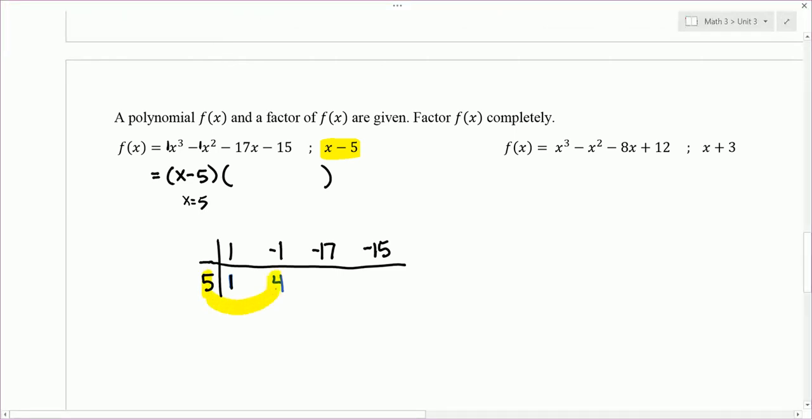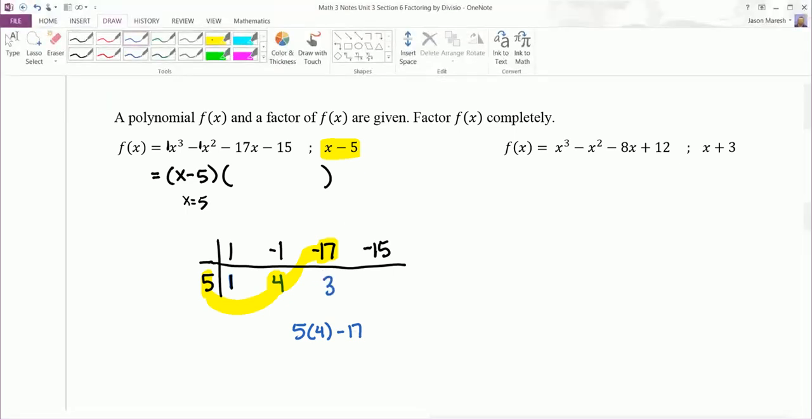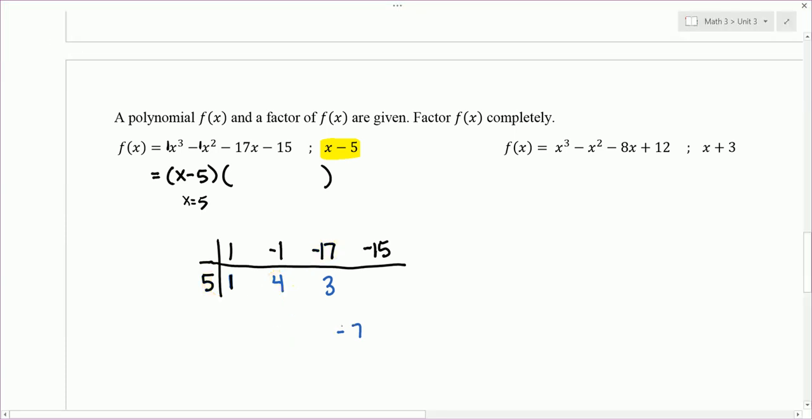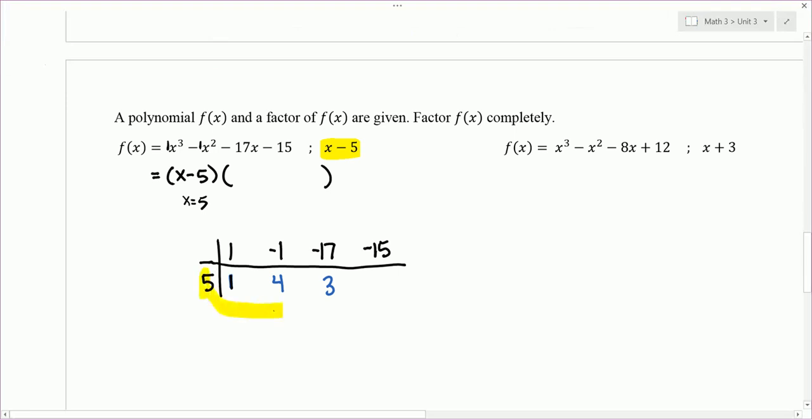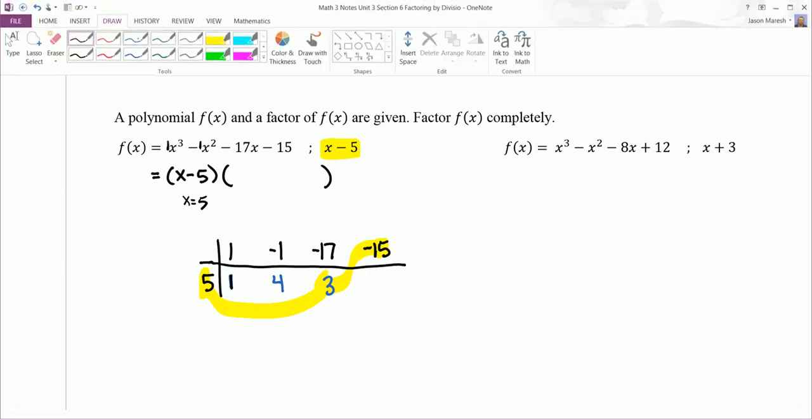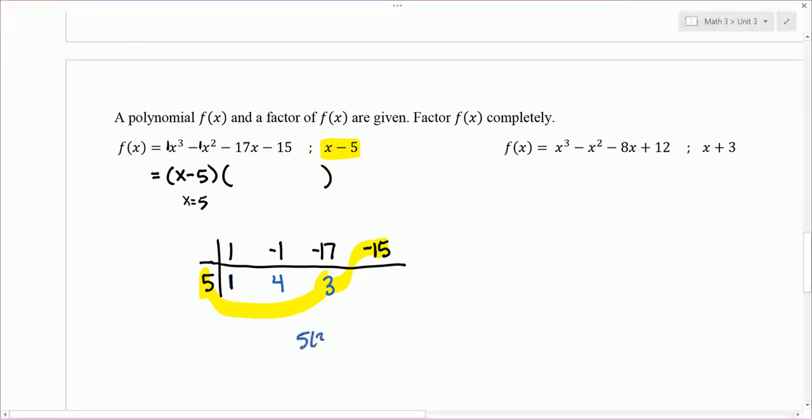Five times 4 minus 17. Well, 5 times 4 is 20. 20 minus 17 is 3. And last time here, 5 times 3 plus negative 15. Which is 0.